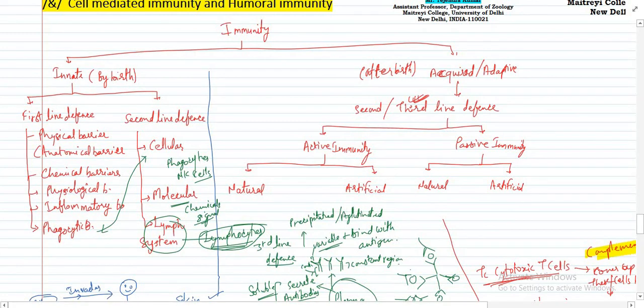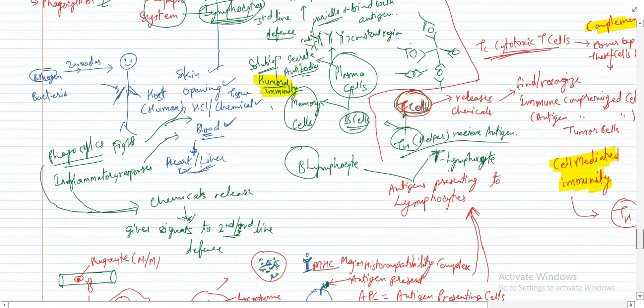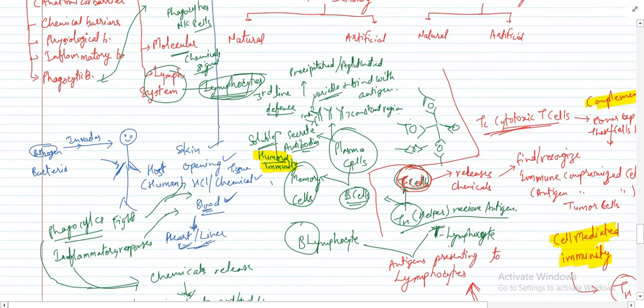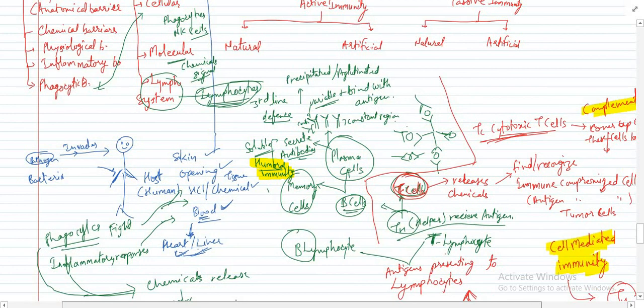Here was the innate immunity, here is the acquired immunity, and here are humoral immunity and cell mediated immunity, and the complement system is also present here.